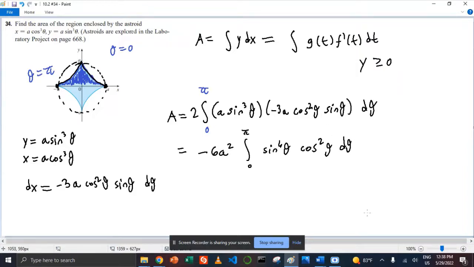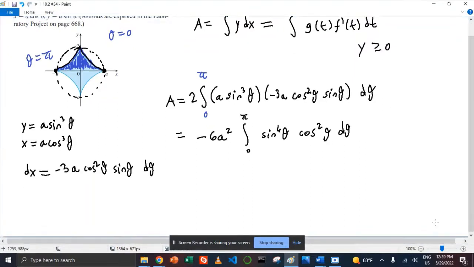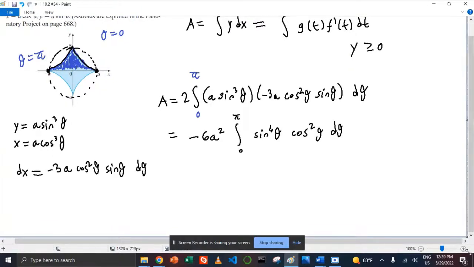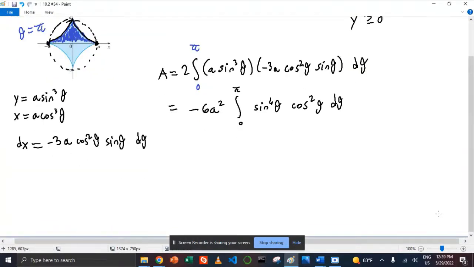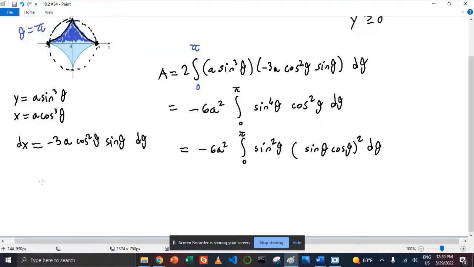And we can solve this integral. It does have a closed form, this integral here. So let me make a little bit of space. Notice that this integral here is the same thing as sine squared theta times sine theta cosine theta squared d theta. And notice a couple of things. I'll point out some trig identities.